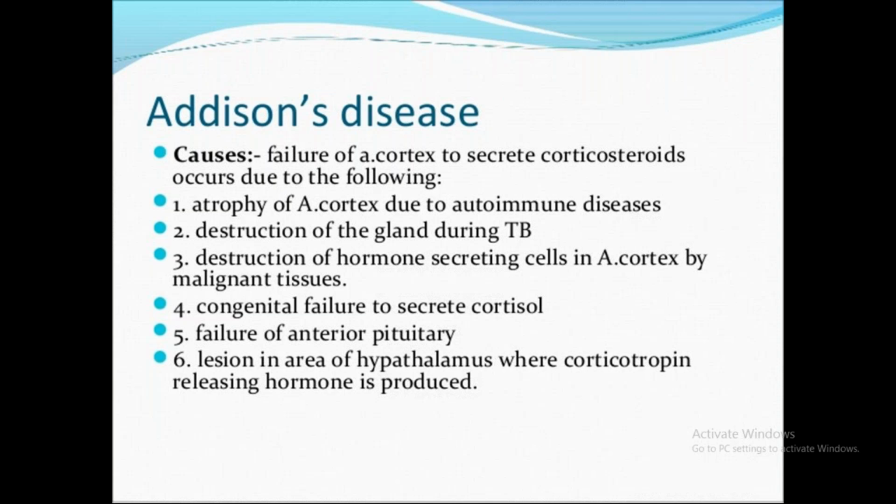Also failure of the anterior pituitary, because the pituitary gland releases adrenocorticotropic hormone, which acts on the adrenal gland to release the adrenal hormones. That's why any failure in the anterior pituitary leads to Addison's disease, and lesions in the area of the hypothalamus are also responsible. Okay, so let us see the common features of Addison's disease.